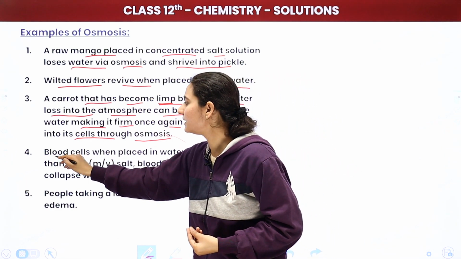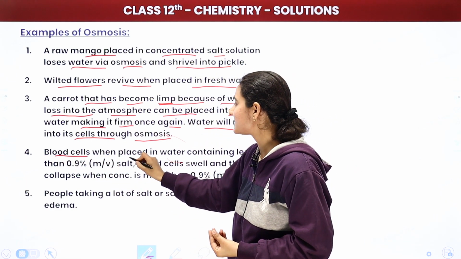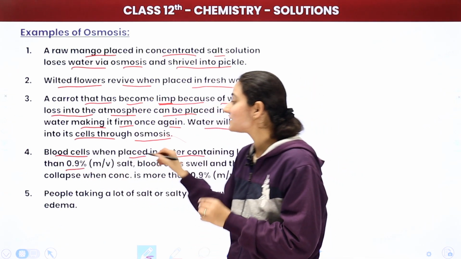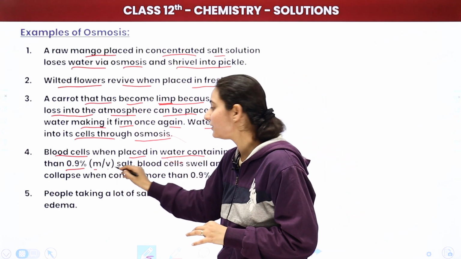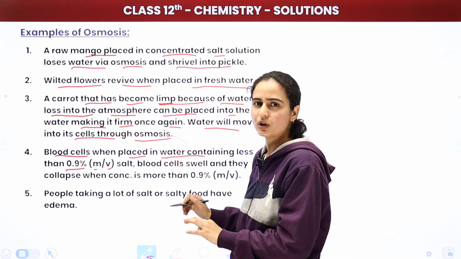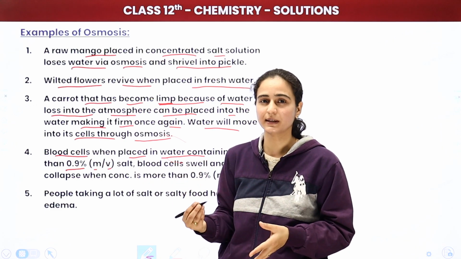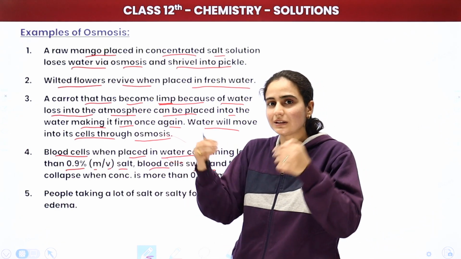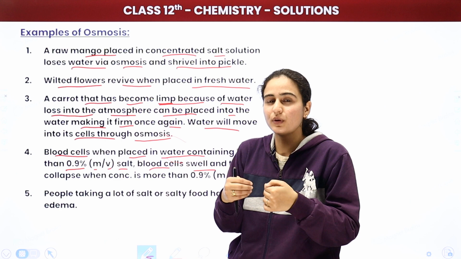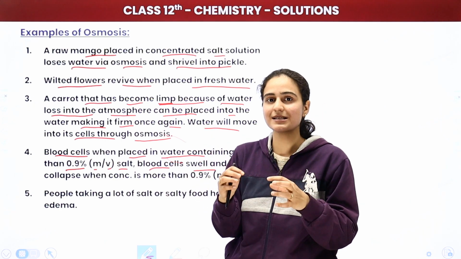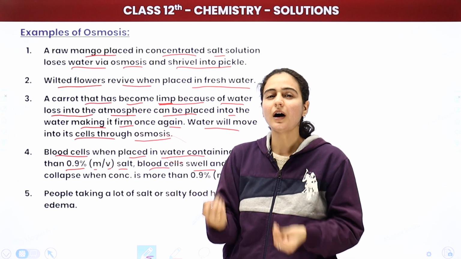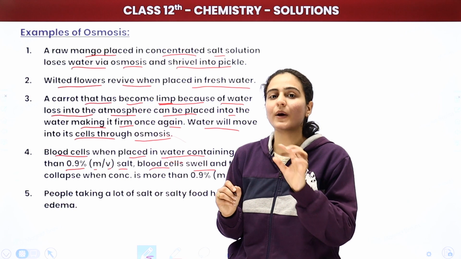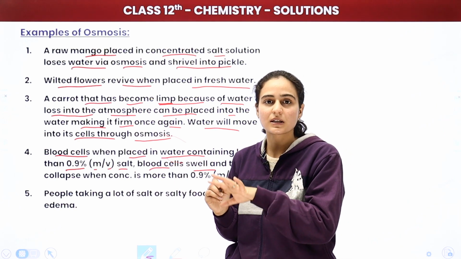Then the next example is about the blood cells. So blood cells, when placed in water containing less than 0.9 m by v, what is that? Mass by volume. This is a term of concentration. Salt, blood cells swell up, right? So this becomes an example of what? If outside we have low concentration, inside the cell there is a higher concentration. Usually our blood cells have a concentration equal to 0.9% salt solution.